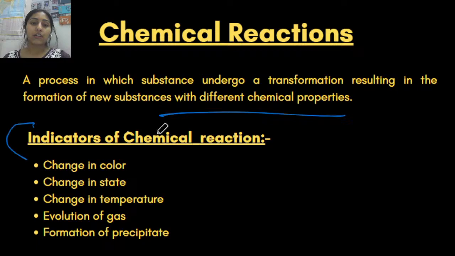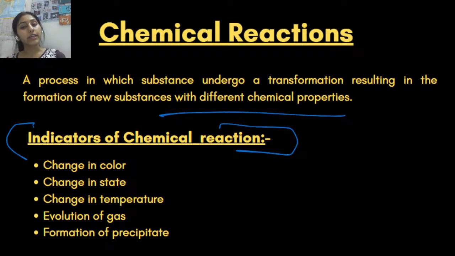Then there are a few indicators of chemical reactions. How can we know that a particular chemical reaction is taking place in this particular compound, element, or substance, right? There would be a change in color that would identify that it is a chemical reaction.